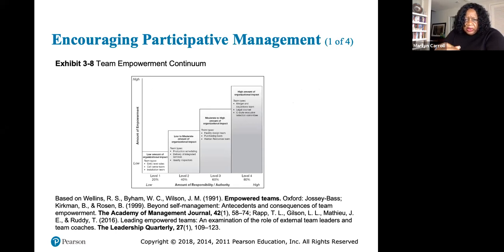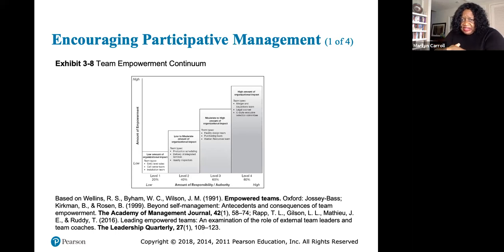Low to moderate organizational impact includes production teams, delivery or integrated teams, quality inspectors. Moderate organizational impact includes facility design team, purchasing team or human resource team.